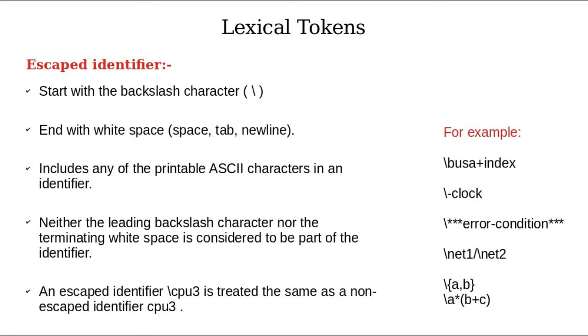For example, an escaped identifier \CPU3 is treated the same as the non-escaped identifier CPU3. There are a few examples which show the legal escaped identifiers we can use in Verilog HDL.